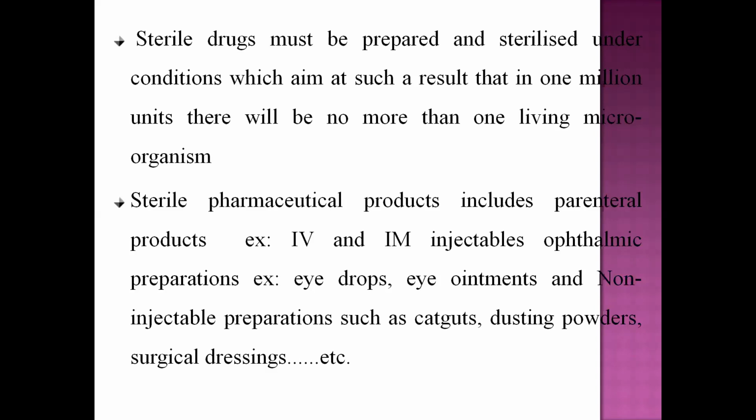Exclusively the parenteral products, that is IV and IM injectables, ophthalmic preparations, that is eye drops and eye ointments, and non-injectable preparations such as surgical catguts, dusting powders, surgical dressings, etc. So these are the few things included in sterile pharmaceuticals.